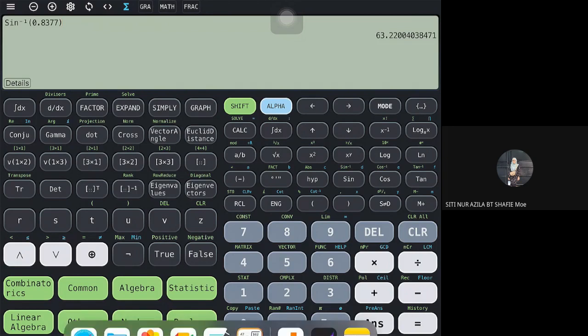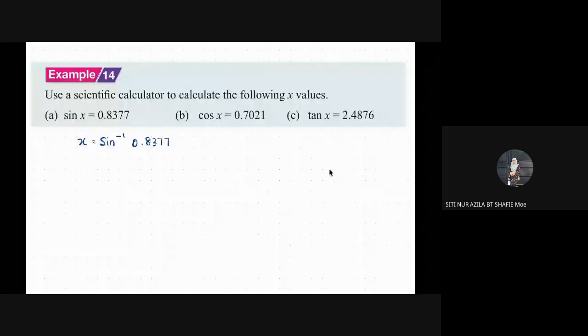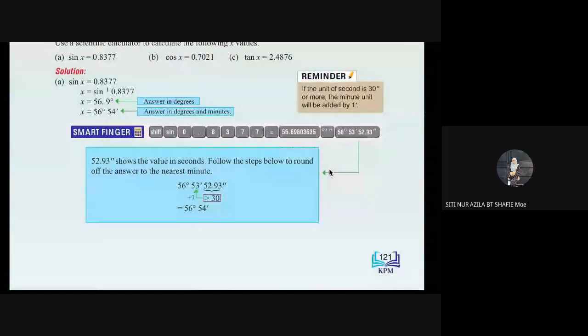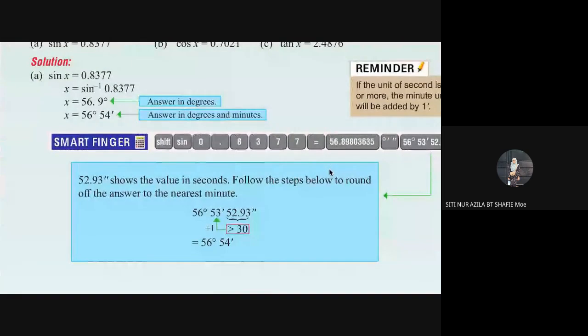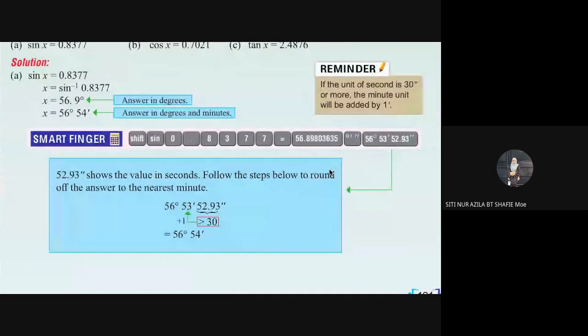I think I cannot show you the answer using my calculator because I have to set something first. Let me show how to do this from your textbook. The answer from your calculator is 56.9 degree.